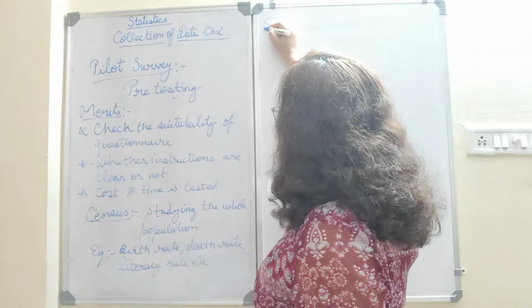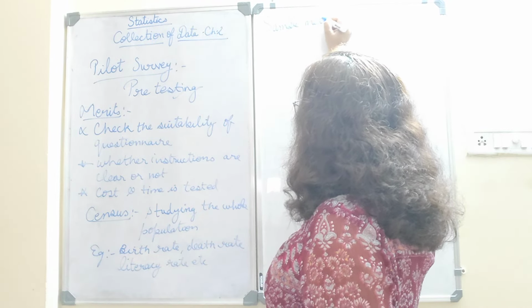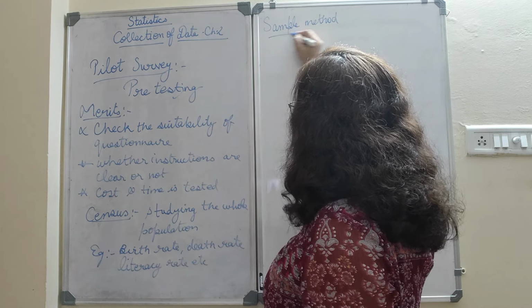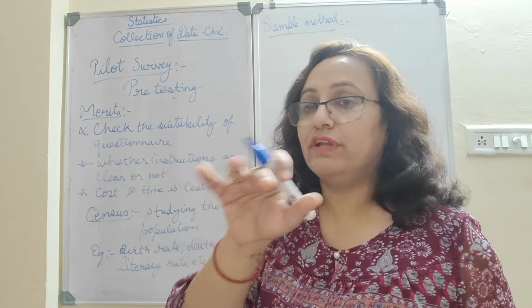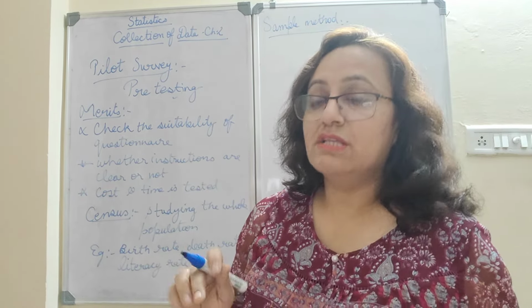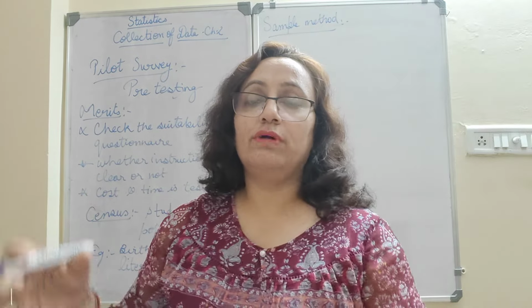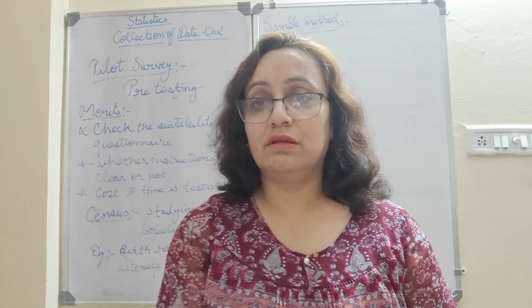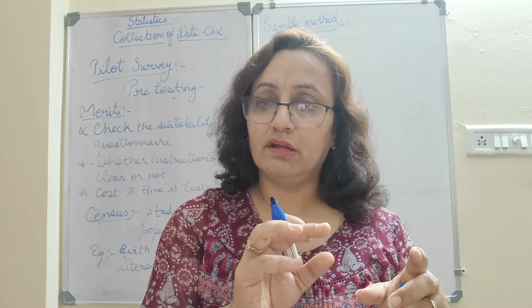Now there is another method of data collection, that is the sample method. What do you think a sample is? It is when we take only some quantity of a related product. Suppose we are studying rice, basmati rice and normal rice, and there are different varieties of rice in the market. We take only one sample out of it and we study it, right?